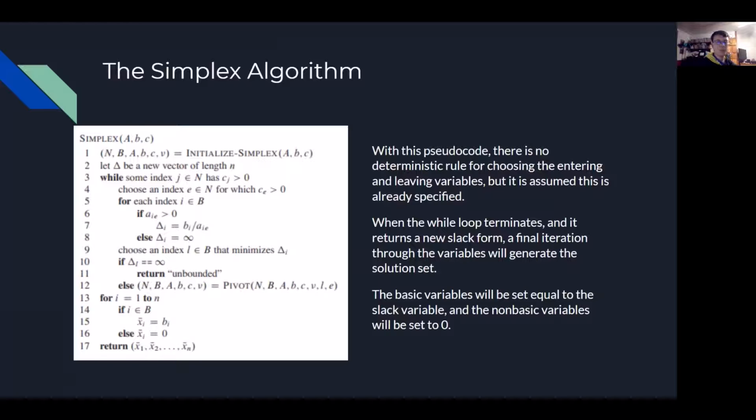And then when we reach the end of the while loop, it will return a new slack form, which is a final iteration that's still equivalent. And it'll develop the solution set from that, denoted as x naught, from i equals 1 to n. And the solution is found by setting the solution values equal to the slack values for every constraint, with the non-basic variables being set to 0.